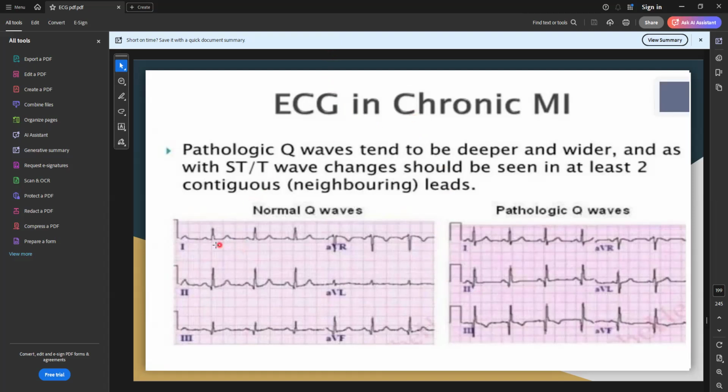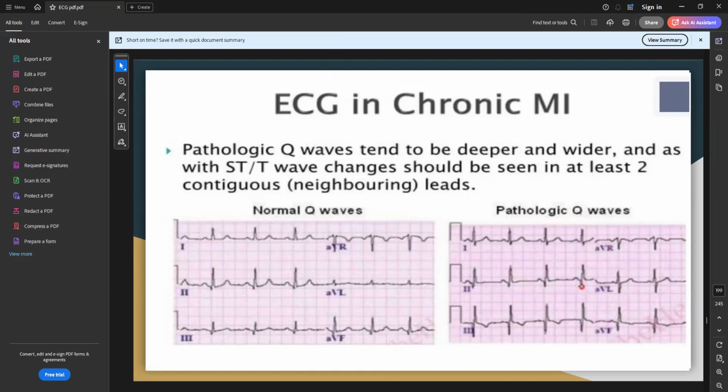Here, there is no Q wave or a very small Q wave. In lead 2 only you are able to see the Q wave properly. So it's very small. As a result of long-standing MI, the MI has been resolved, but there will be retainment of the pathological pronounced Q wave.